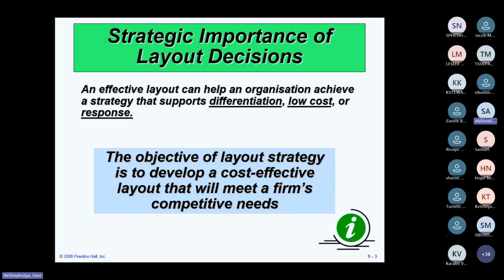Low cost: providing customers with affordable products without compromising the quality. Response: this is how the company is able to respond to fluctuations in demand, right? Demand from the customer's perspective, if there are things that need to be changed on the product, the company should be able to respond to those changes.